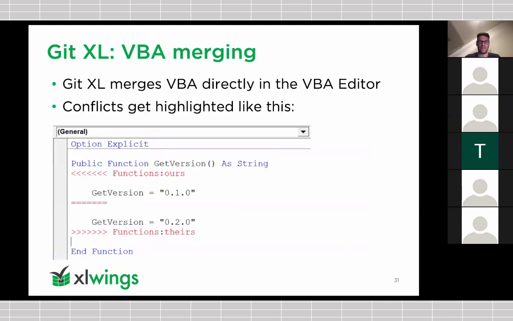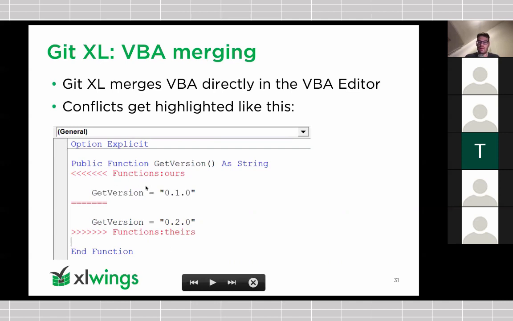Then, as I was mentioning, if you do run into a merge conflict in the VBA when you use Git Excel, what happens is it does merge your code right away in VBA, and it will mark it using the same markers as you would see in a standard Git environment. By coincidence, it's also formatted in red, which makes it really easy to spot where your conflict happens.